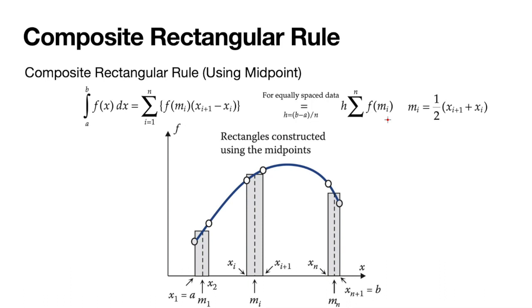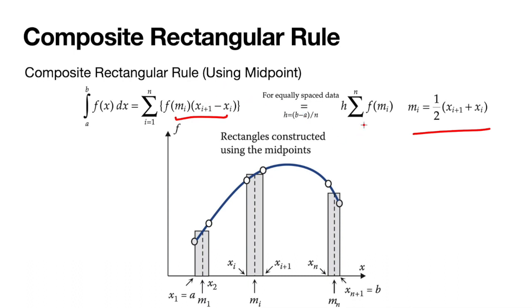Now this one is the midpoint. For every rectangle we have to calculate its midpoint. The midpoint is given by this formula: the next point minus the previous point divided by 2, and the areas are calculated in a similar pattern, because we want to find the function value at the midpoint and multiply it by the difference in the x values.